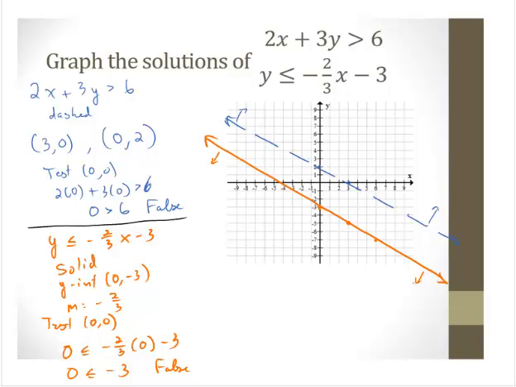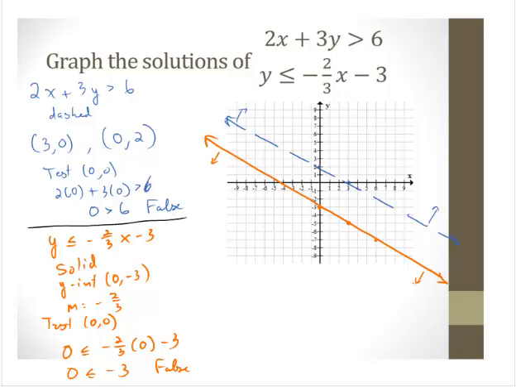So now, I'm only allowed to shade the region that satisfies both inequalities. Well, hey, these are parallel lines, aren't they? And I'm supposed to shade above the blue line and below the orange line.